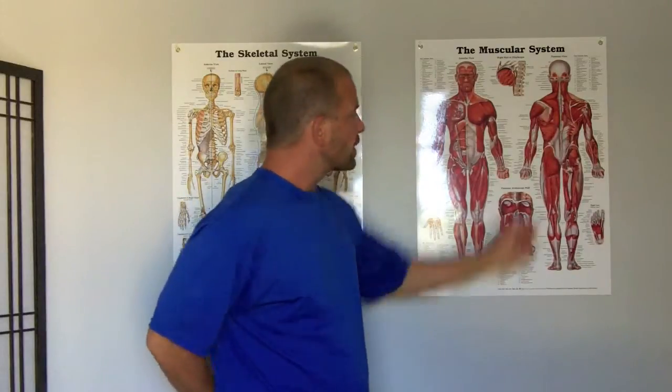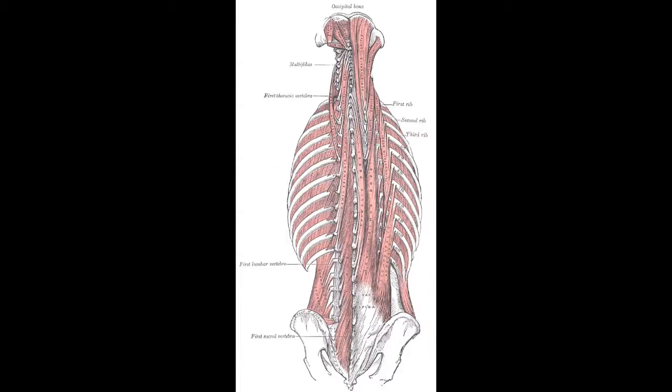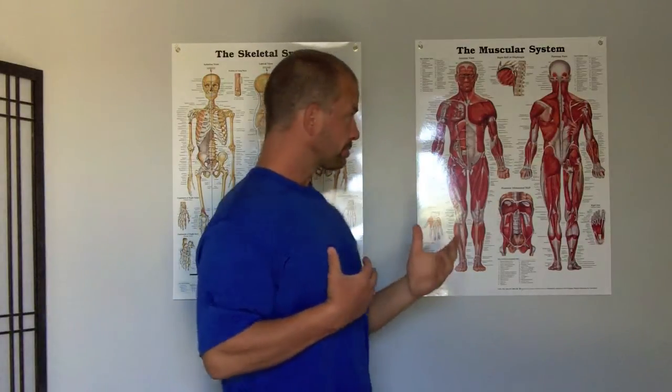We tend to think of it as just being in the low back region, but in fact, the spinal erectors are also present up in your upper back and deep to the rhomboid.